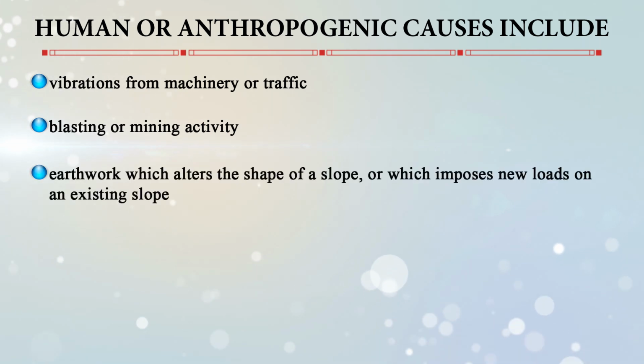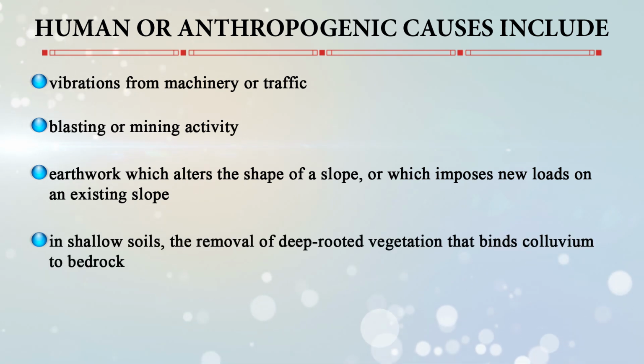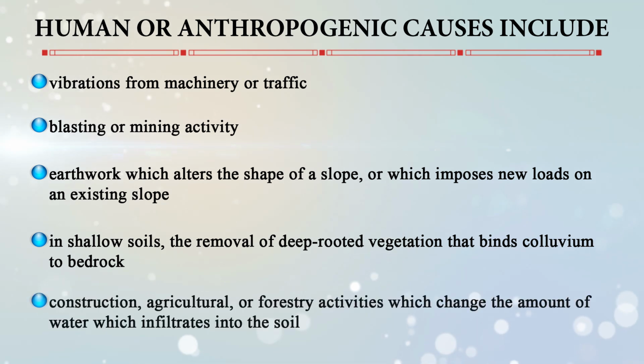Earthwork which alters the shape of the slope, and in shallow soils, removal of deep rooted vegetation, can again cause landslides. Construction, agriculture and forestry activities which change the amount of water infiltrating into the soil can also cause landslides.